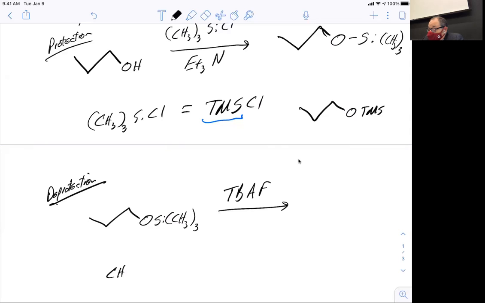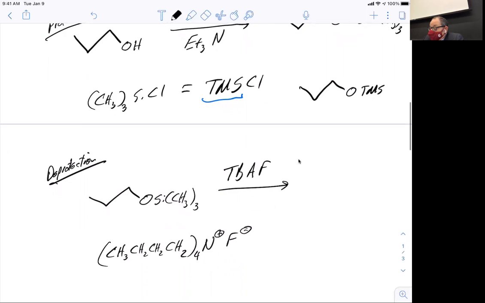So that is the salt. And I'll put aqueous workup here.